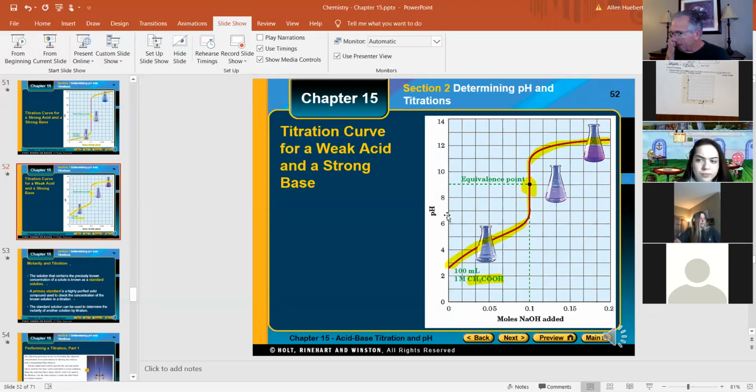Okay, so tomorrow we're going to be doing this acid-base titration. It's a simulation on the computer. It isn't very hard at all to do.